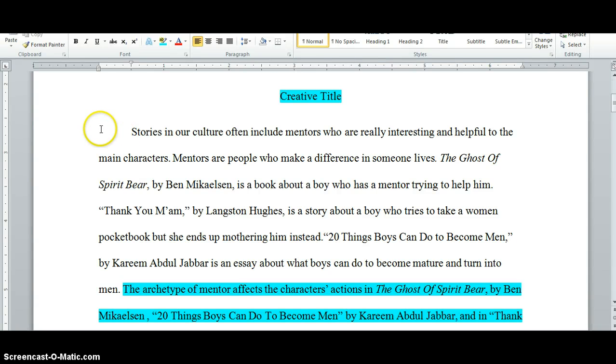Okay, so here is your introduction. "Stories in our culture often include mentors who are really interesting and helpful to the main characters." Cool. "Mentors are people who make a difference in someone's life." Yeah, so make sure you're being careful.